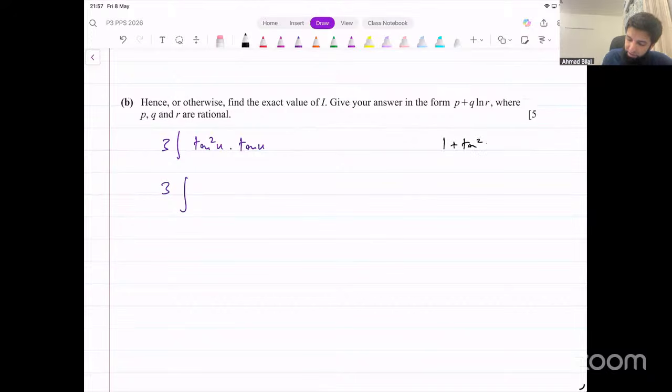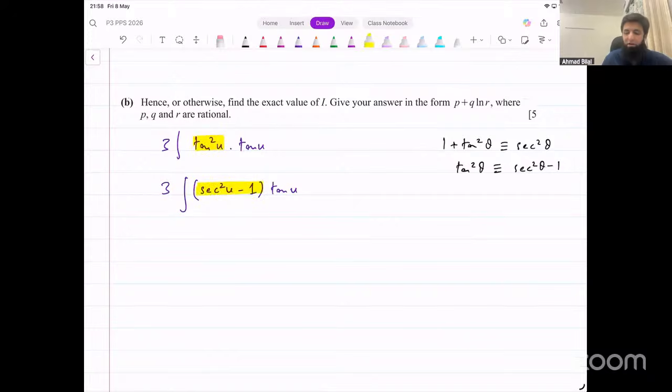Because 1 plus tan square theta is identical to secant square theta. So tan square theta can be written as secant square theta minus 1. Secant square theta minus 1 times tan u. Supposed to be u, not theta. So in place of tan squared u, we can write secant square u minus 1.